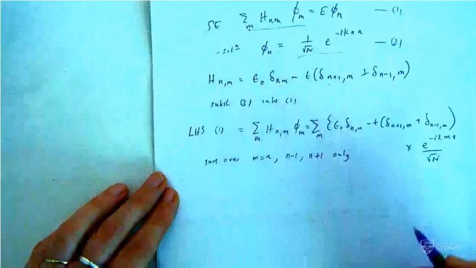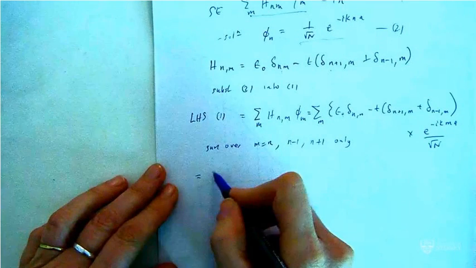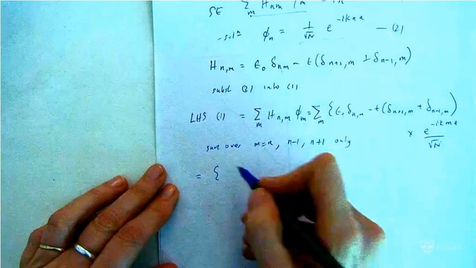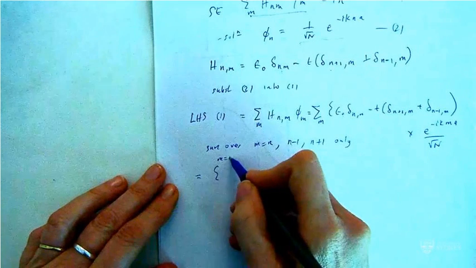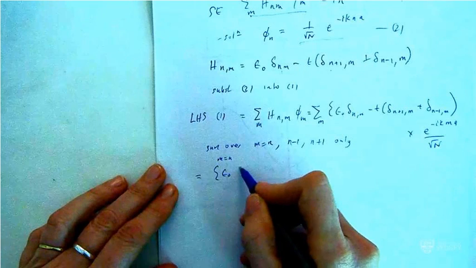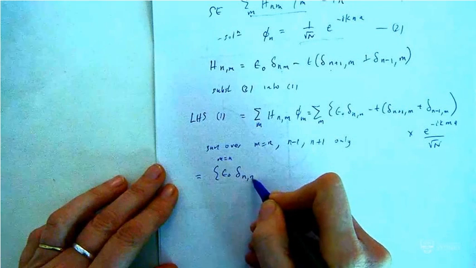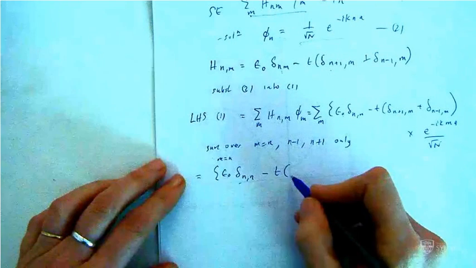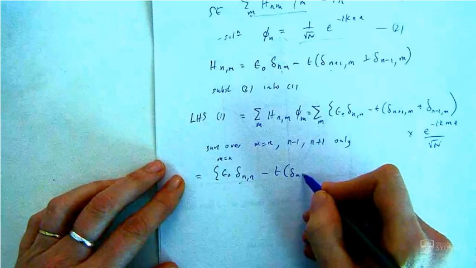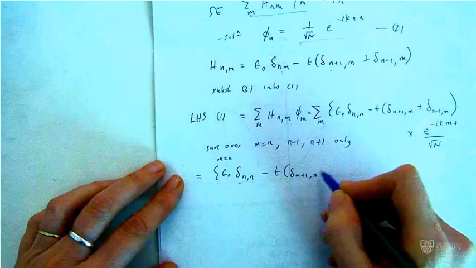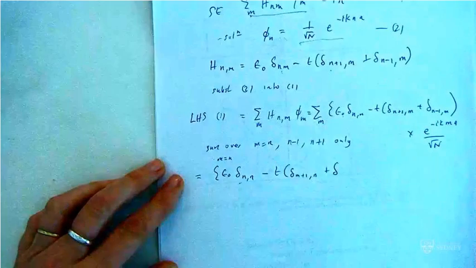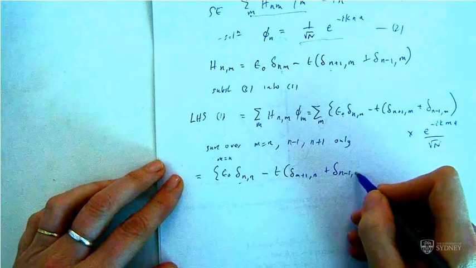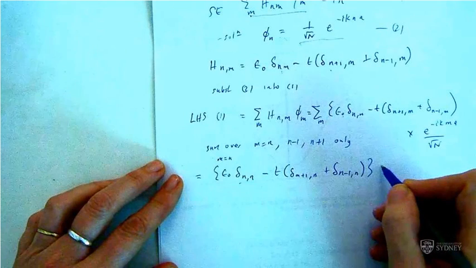So for firstly m equal to n, E0 delta n n, obviously that will be 1, and so you have to put that in all the way along, m plus 1 n, and n minus 1 n, and then your wave function here.